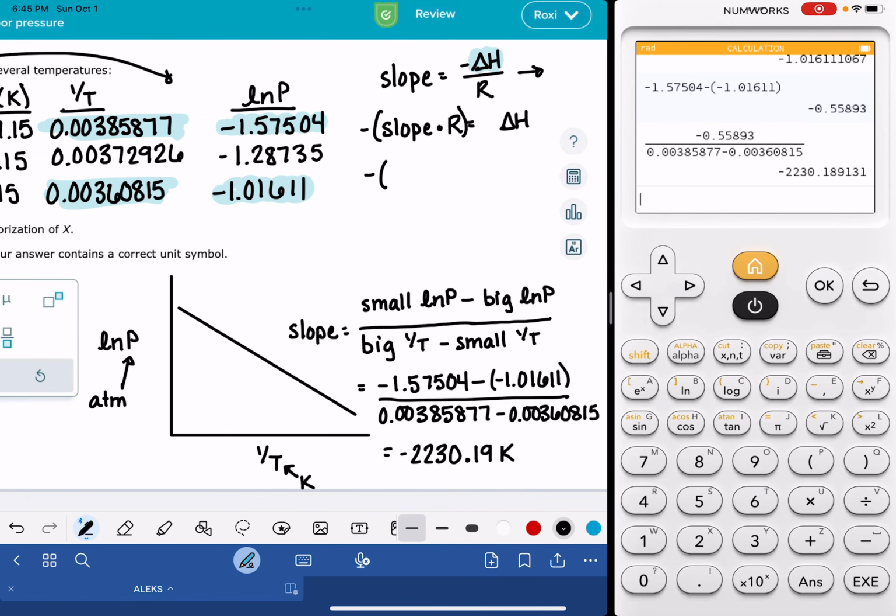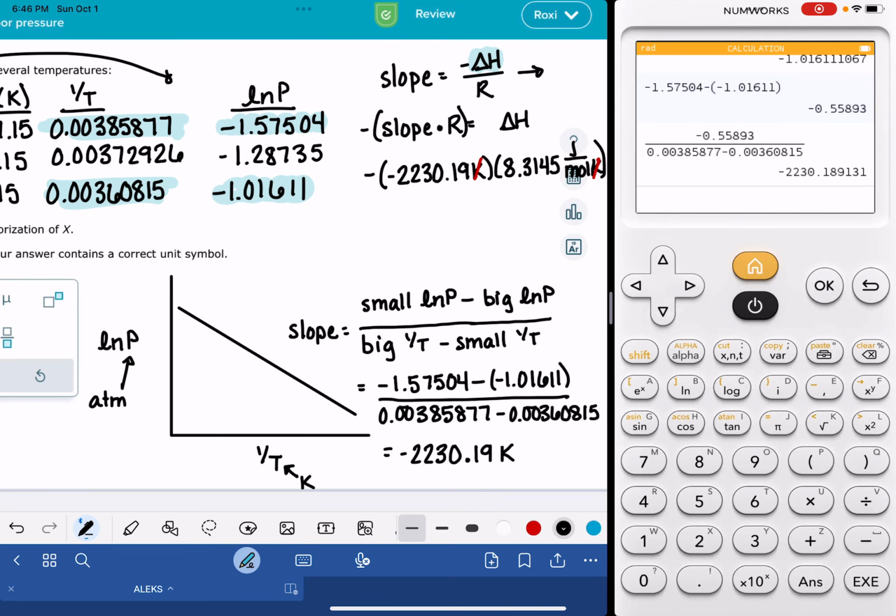Our slope is negative 2230.19 Kelvin, and the value of R that we're using is 8.3145 joules per mole Kelvin. Now those Kelvin units are going to cancel out. See that? So we're going to end up with units of joules per mole, which are units that are consistent with delta H values.